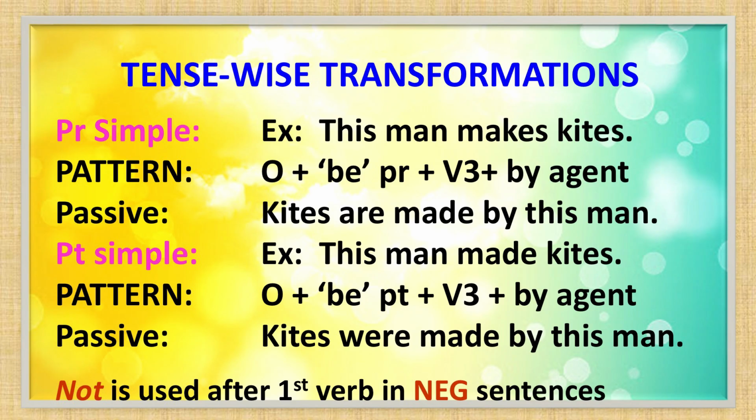Both the things have to be taken care of at the time of passivization of sentences. Let us now take present simple and past simple form, and the difference is very little between these two. Let us take the sentence, the man makes kites, the same sentence which we are taking.